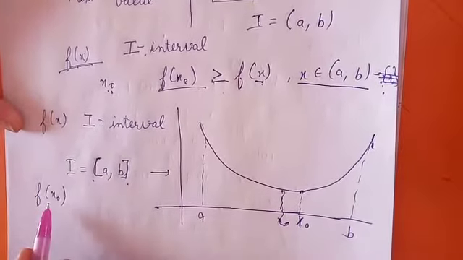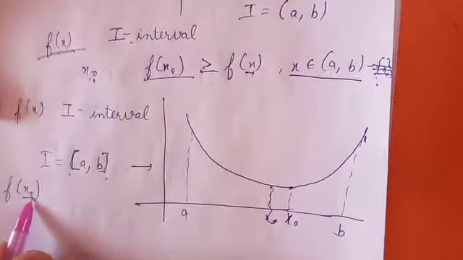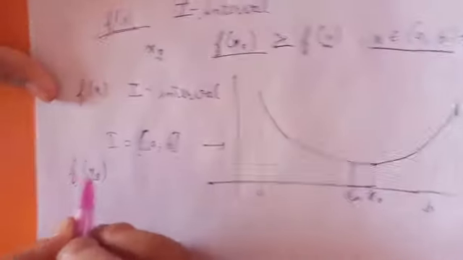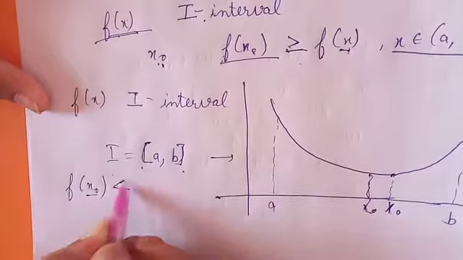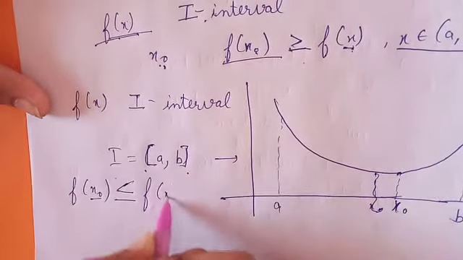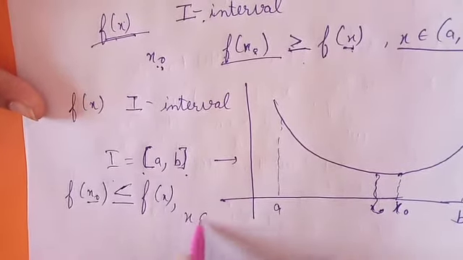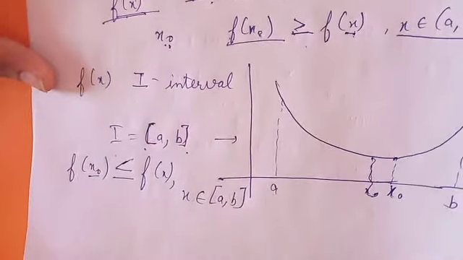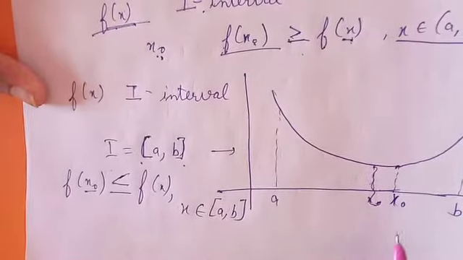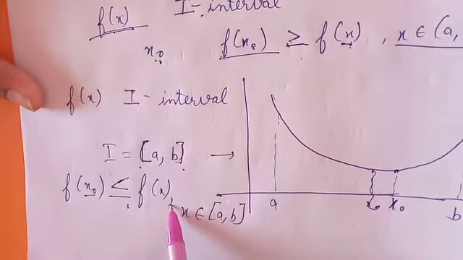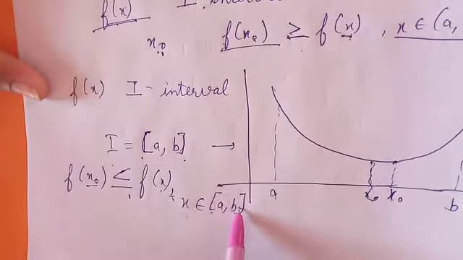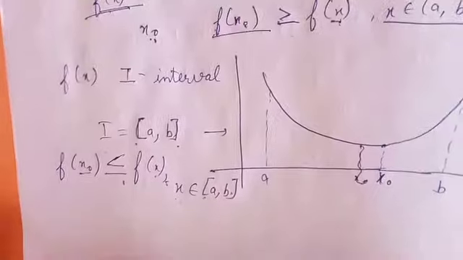When we put the value of x as x naught in the function f of x, we get some value that must always be less than or equal to f of x, where x belongs to A to B, any point between A and B. This will be our minima.